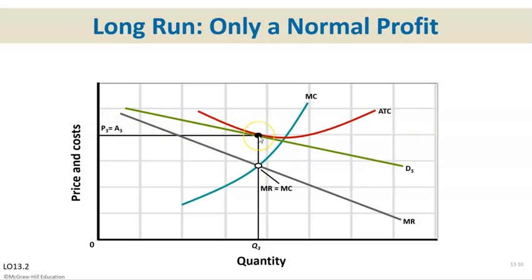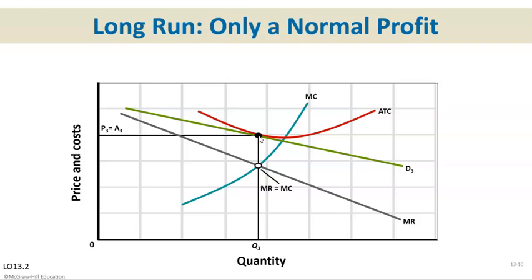When this condition is true, when price is equal to average total cost, it means that profit will be 0. So you want to remember the long run equilibrium condition is where price equals ATC and profit is 0.